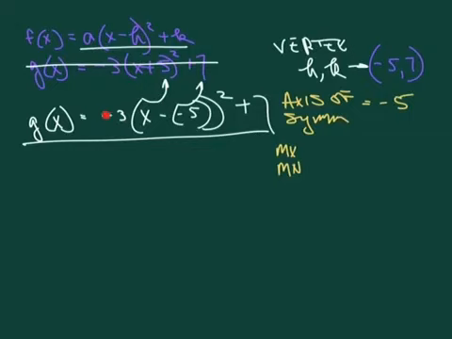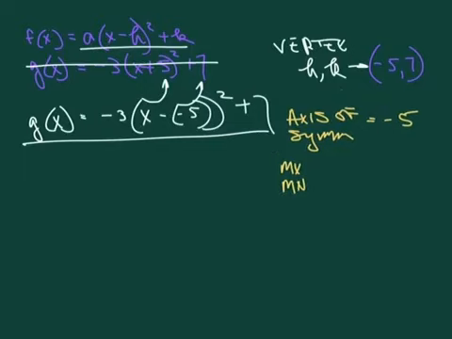If it is a positive, it has a minimum value because it opens up. So when this is negative, we have a maximum value. And the maximum value then will be the y value of our vertex, right there. Okay? That ends up being our maximum value.